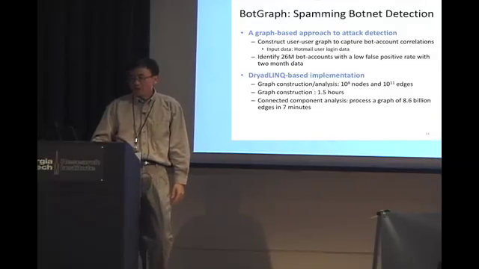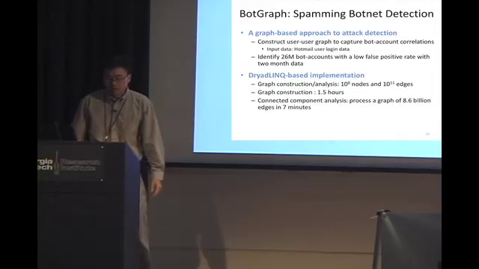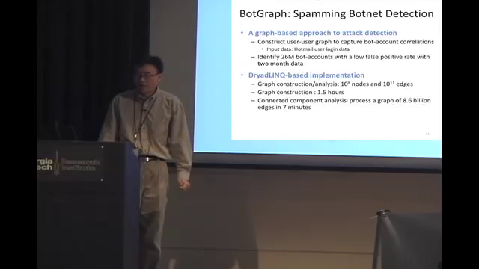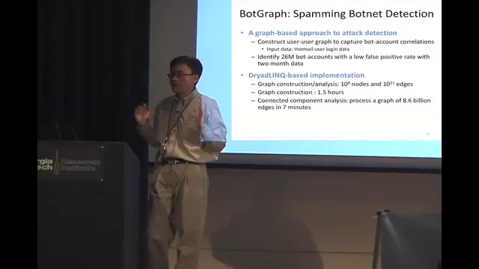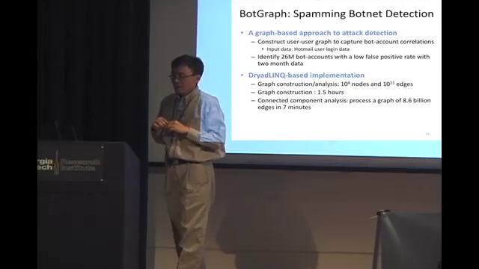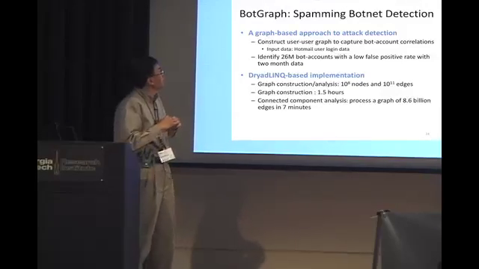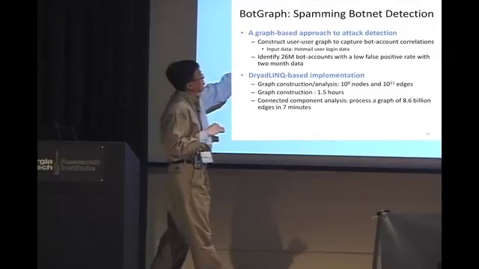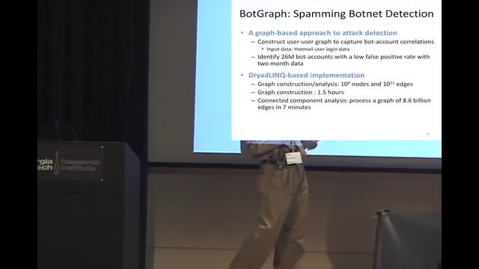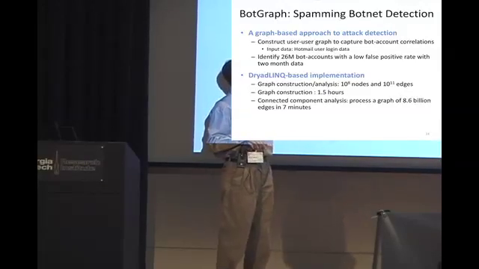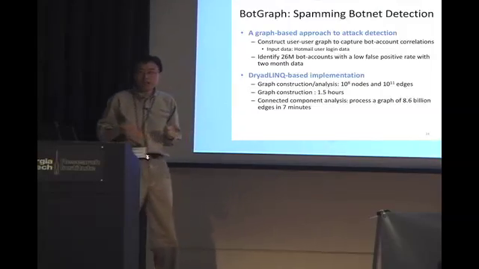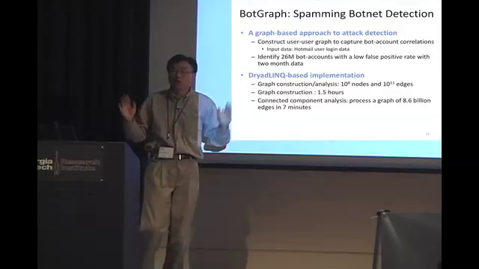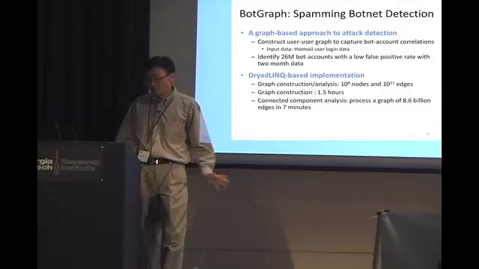For instance, the graph application basically tries to construct a graph from the Hotmail user login data. The graph they constructed is in the range of 10 to the 8th nodes and 10 to the 11th edges. The graph construction takes about 1.5 hours on 240 machines.